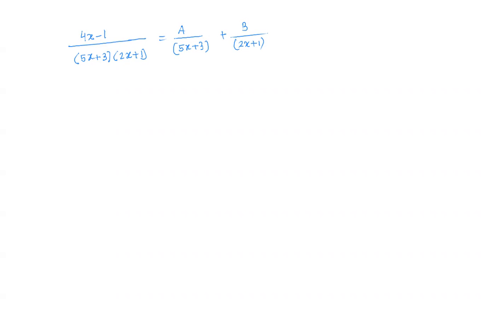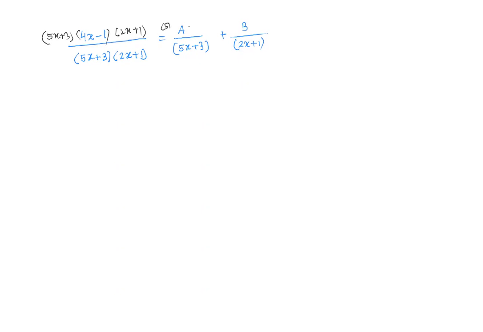Now let's go ahead and do the multiplication. By now you know how to do the multiplication, right? So I multiply both sides of the equation by 5x plus 3 times 2x plus 1.